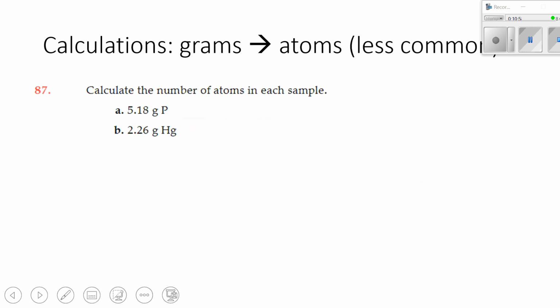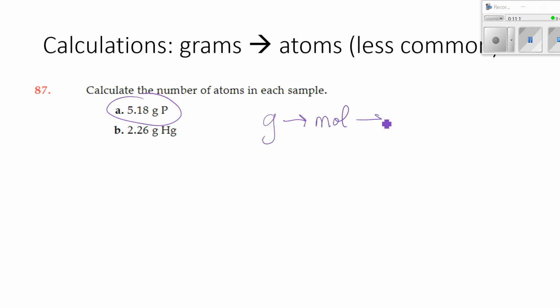Let's look at another example. What if we're going from grams to atoms? Again, this is not as common, but it's a fun one because it's a 2-step process. We want to go from grams to atoms, but we don't know a relationship between grams and atoms. We do know a relationship between grams and moles, and between moles and atoms.